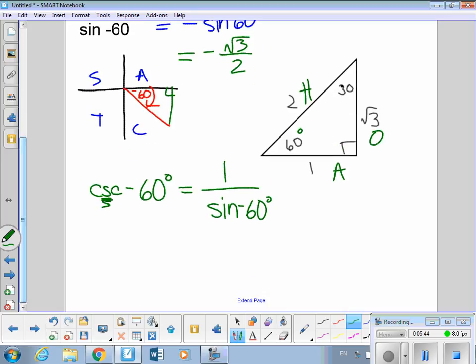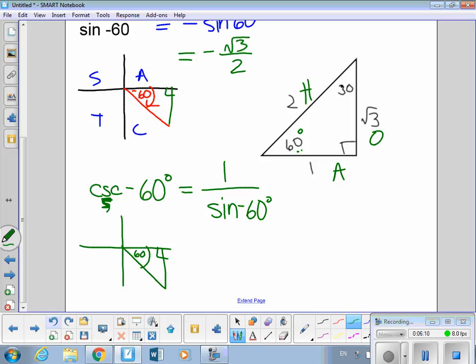I know this is related to sine, so I don't need to go that way. I know that negative 60 is here, and this is related to that. Then I could go back to this right angle triangle.